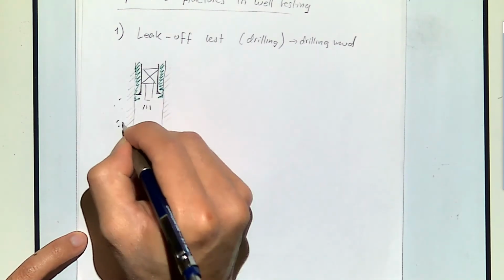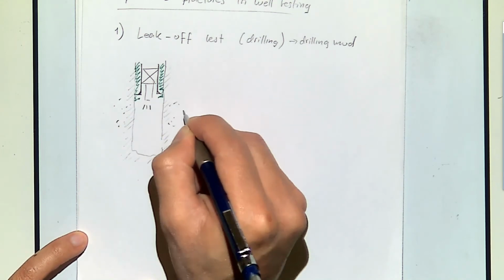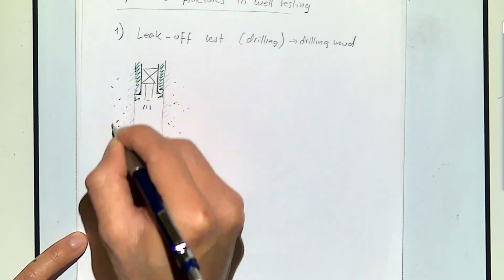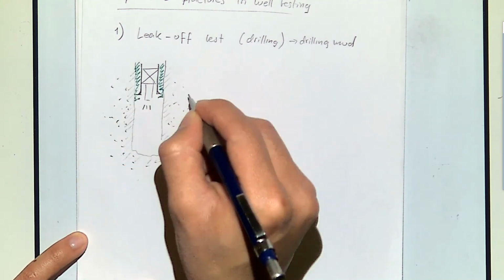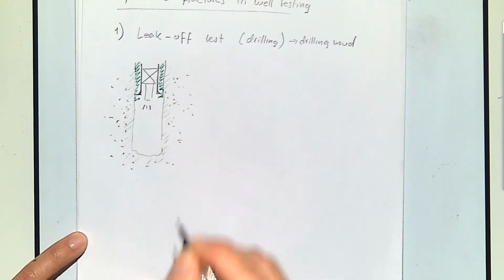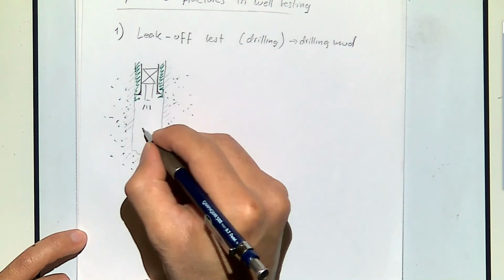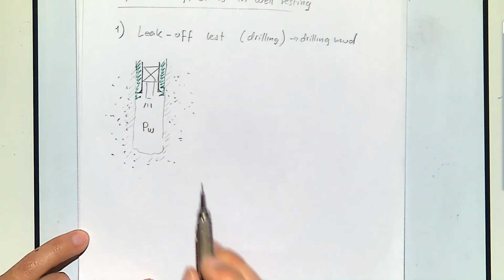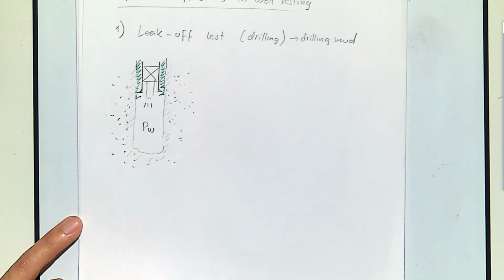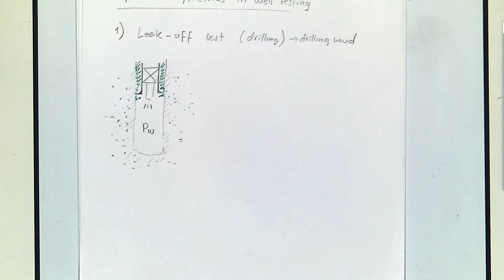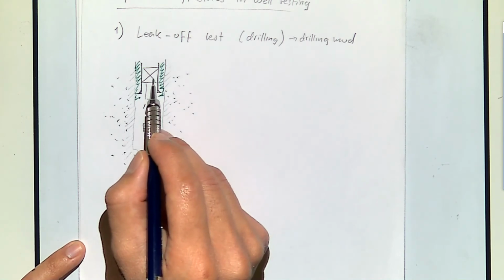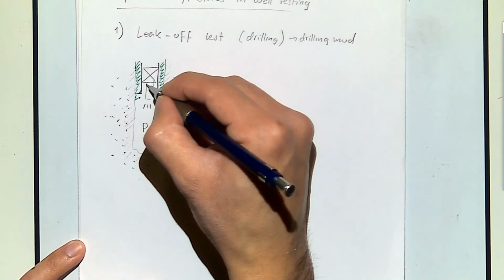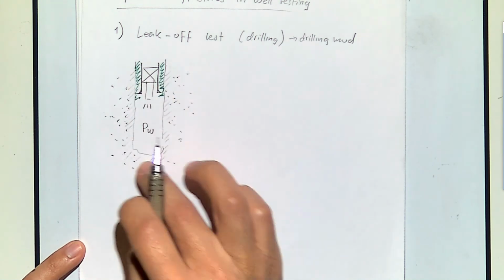Well, remember, it's not that closed. This is a rock. And here, by injecting mud into this section, we're going to be able to change the pressure, because here we put a packer, and we can control the pressure inside this volume.